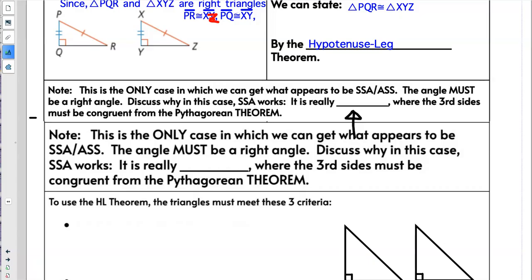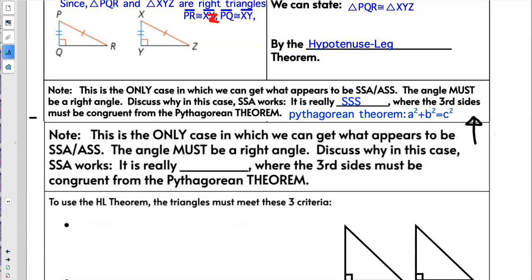It is really side-side-side, where the third sides must be congruent from the Pythagorean theorem. Recall the Pythagorean theorem, which is a squared plus b squared equals c squared. If I have a right triangle, and I have a hypotenuse, and I have a leg, I can find the third leg using the Pythagorean theorem.